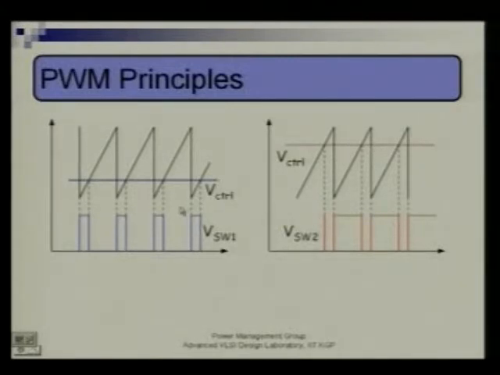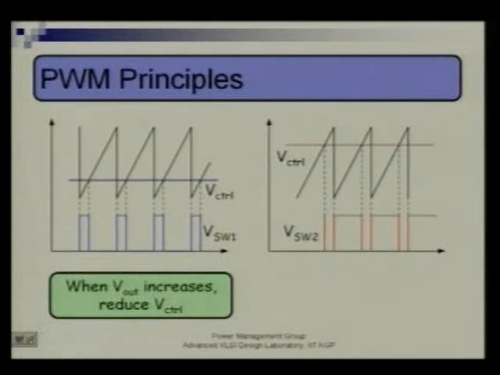Now you see, in this circuit, when I reduce V control, this duty cycle reduces, and when I increase V control, duty cycle increases. So we have some control on the duty cycle. That part is solved. We can vary duty cycle. Now we need somewhere to vary VC from our feedback of the output voltage that will close the control loop. When V out increases, hence what does our logic say?